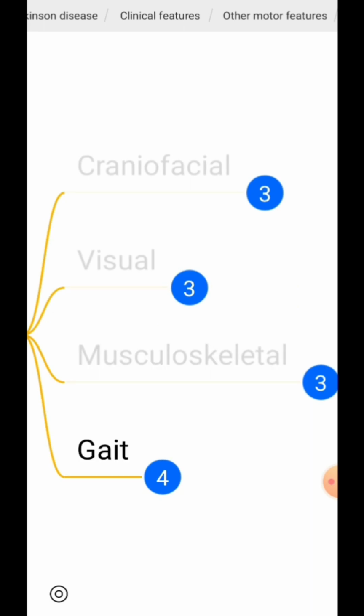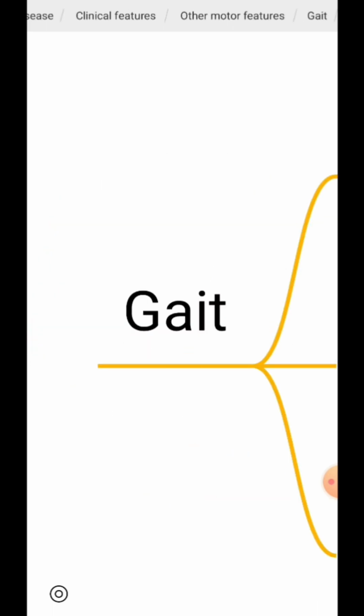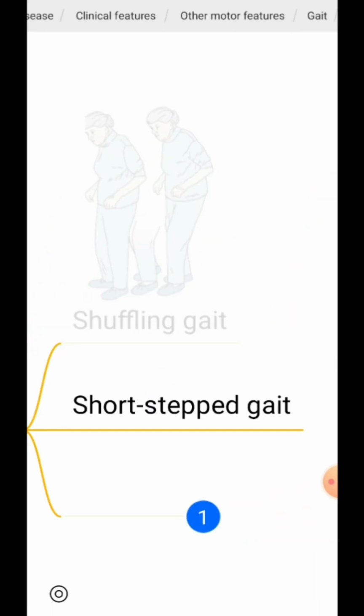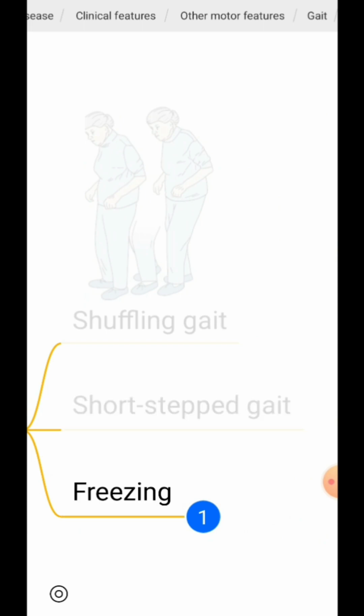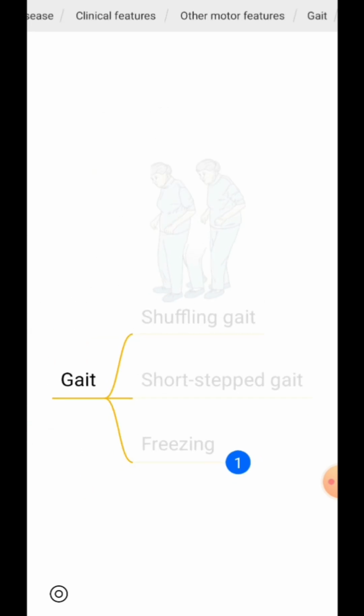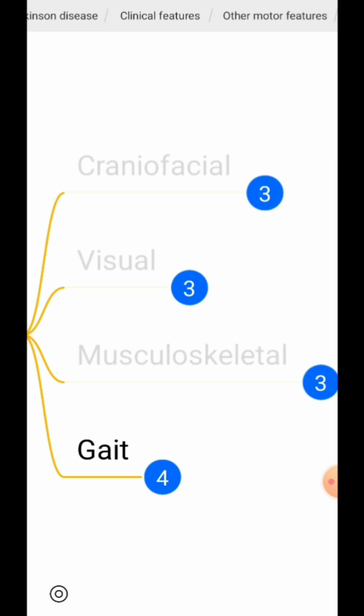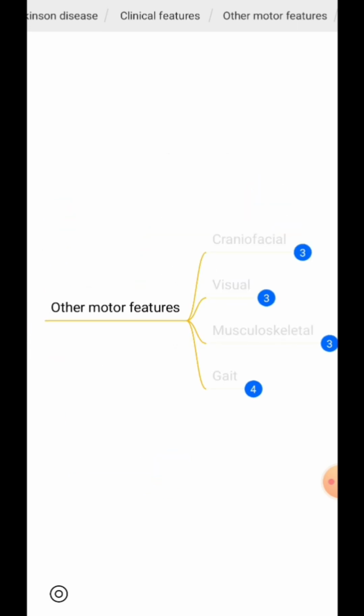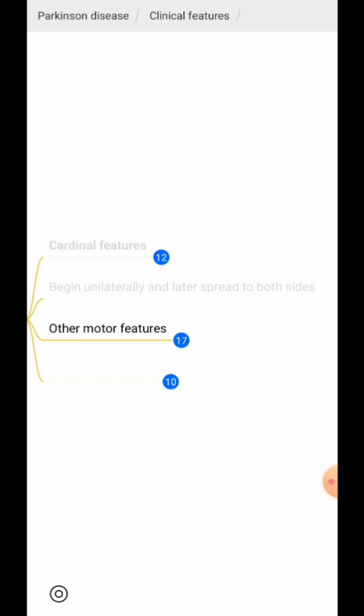And then there can be gait abnormalities like shuffling gait, short step gait, and also freezing. This freezing occurs later in the disease. Those are the other motor features of Parkinson's disease apart from the cardinal features.